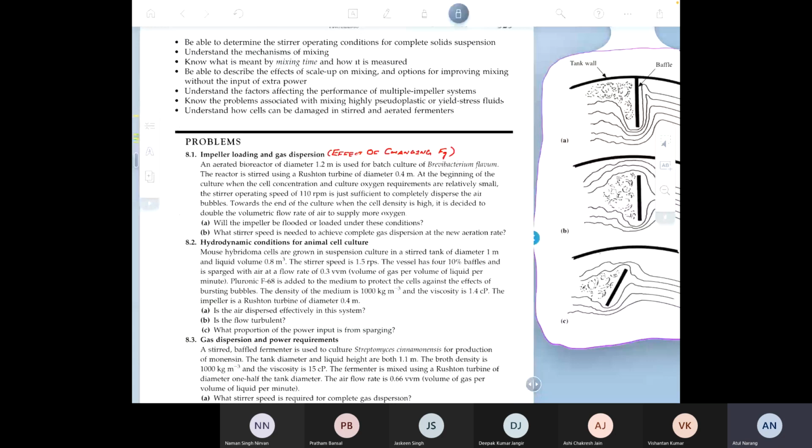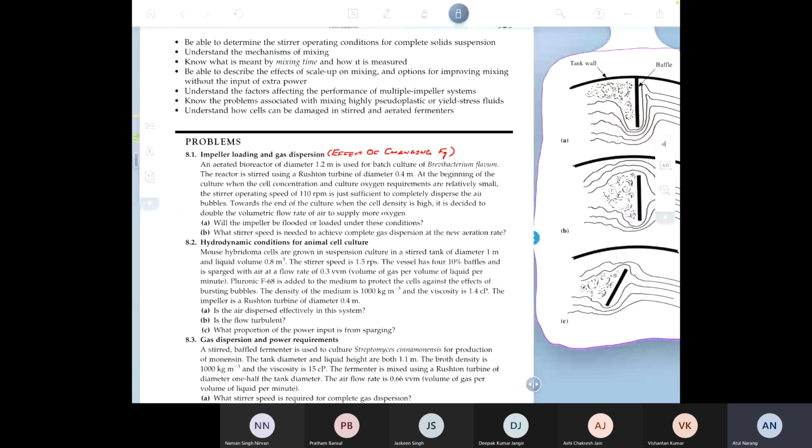Now here's where the problem starts. At the beginning of the culture, when the cell concentration and cell oxygen requirements are relatively small, right? Because how much oxygen you need depends on how many cells you have. So initially, when you have a very, very small inoculum, your oxygen demand is very, very small.